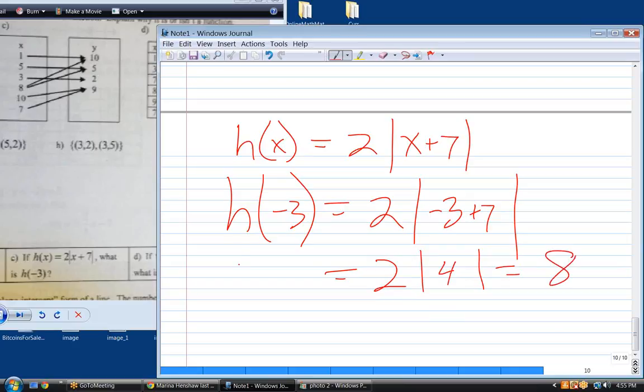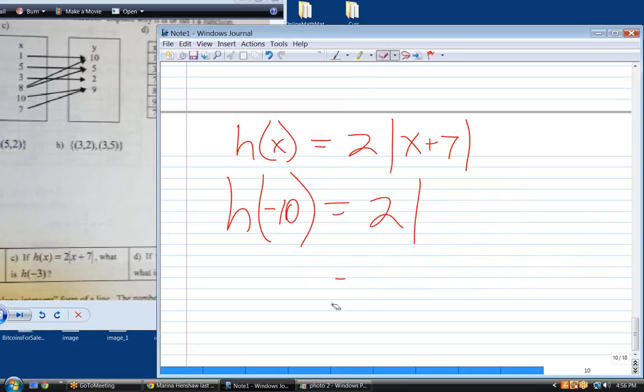Okay. What is h of minus 10? 2 times negative 10 plus 7.